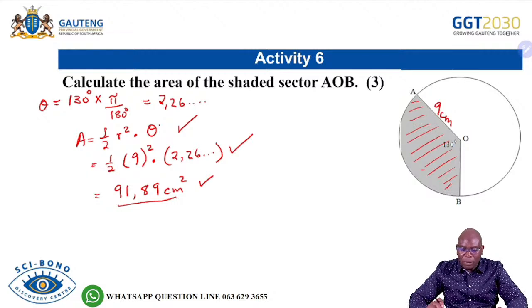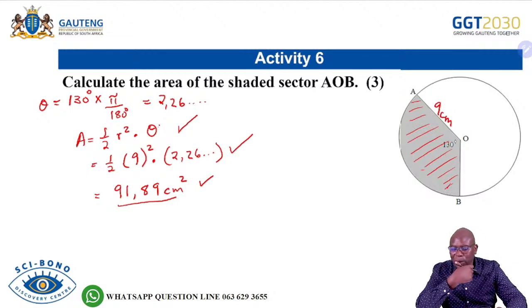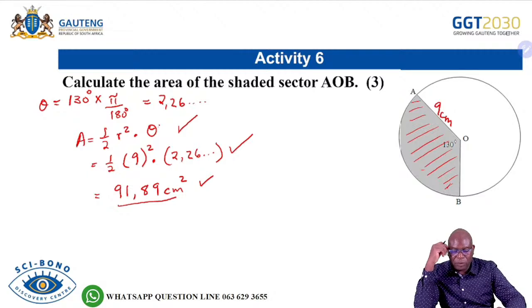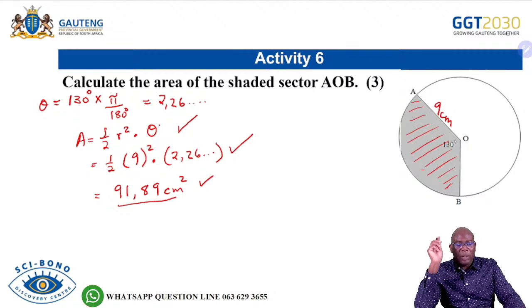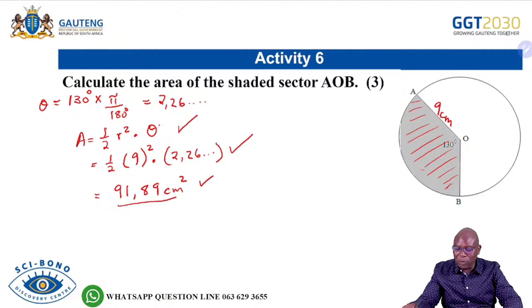Okay, now let's look at activity number 7, which is going to be our last activity. Here we have a wall clock. This is a very big wall clock. You'll see when we're doing the answers. A wall clock has an area of 452.39 square meters.